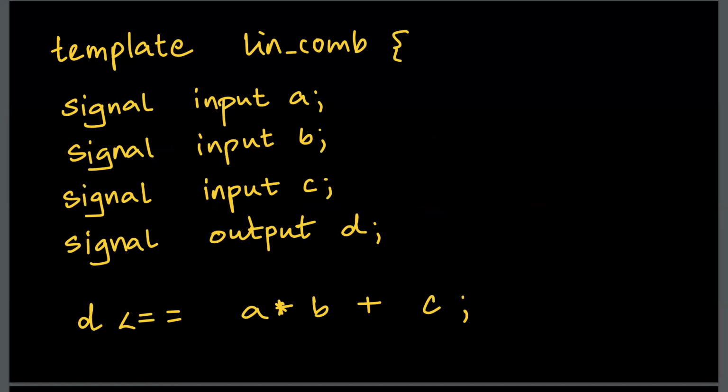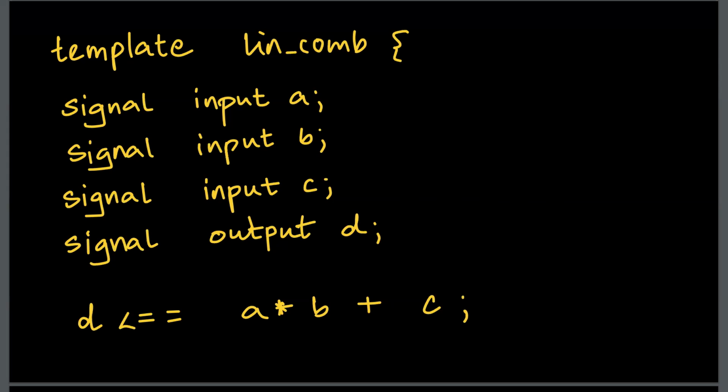Let's have a small example. You might be familiar with Circom, or if you have an electrical engineering background, you might be familiar with Verilog, the HDLs and digital circuits where you have wires, inputs and outputs. Here we have one such circuit with three inputs, A, B, and C, and one output D. We multiply A and B and add C to the product of A and B, and that's our output.